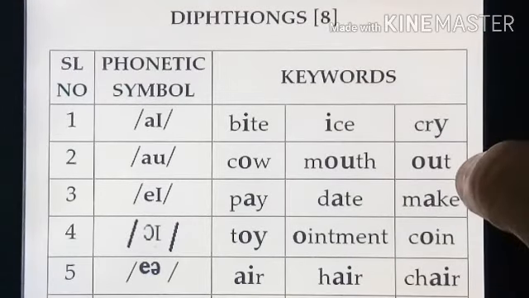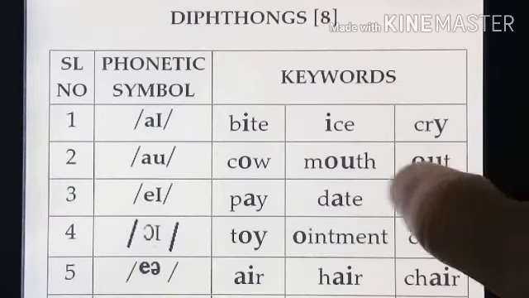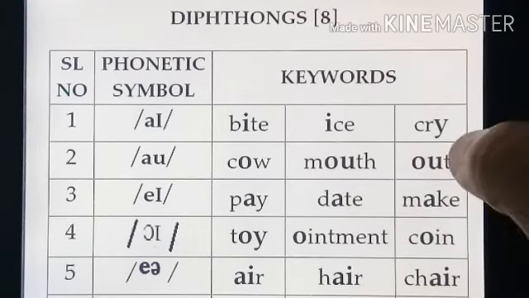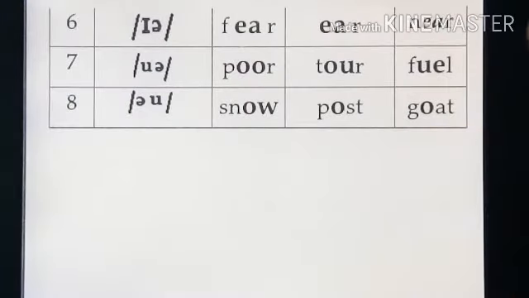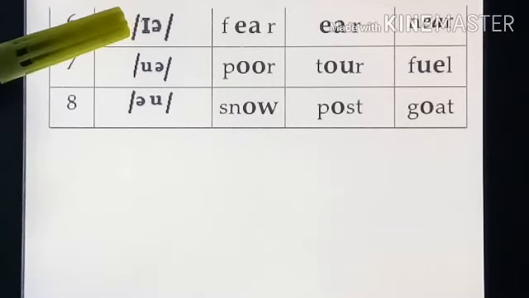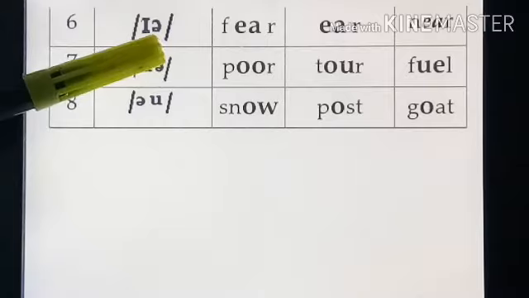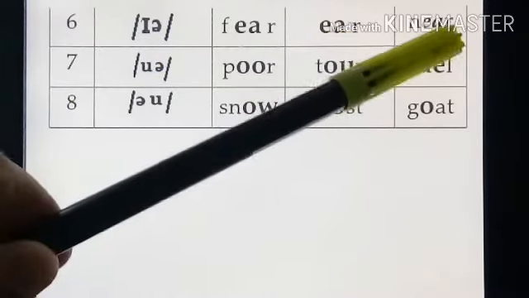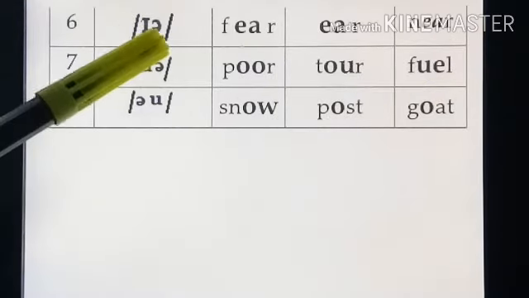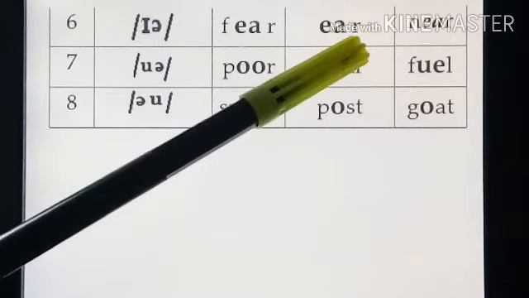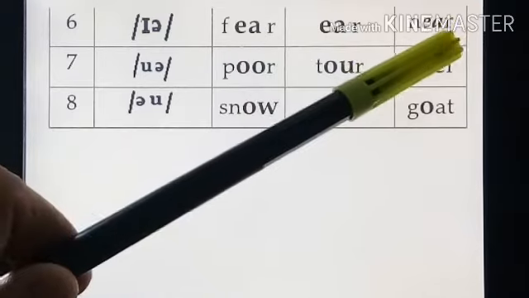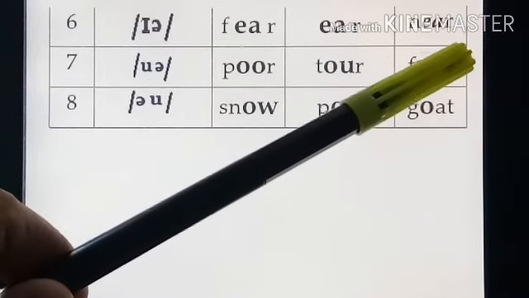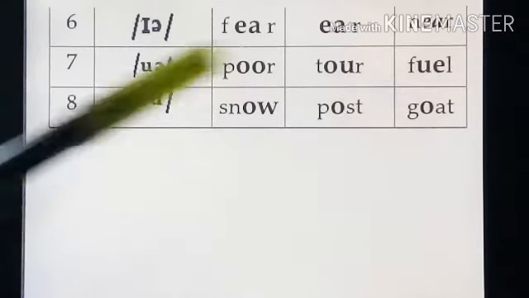Now we move on to the next three sounds. This is E and ear: fear, near. D-E-A-R also, dear, dear friends, like that.